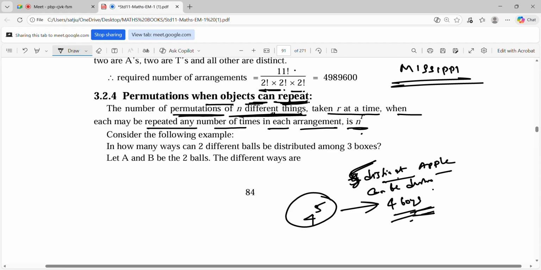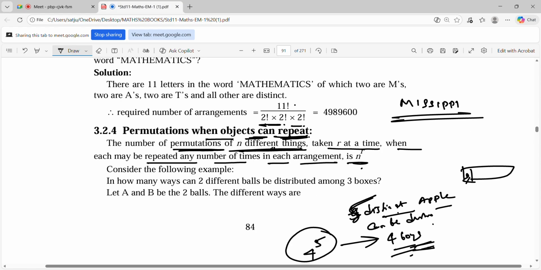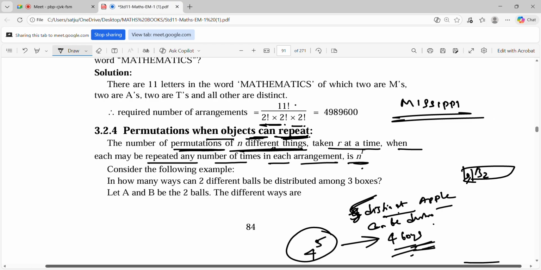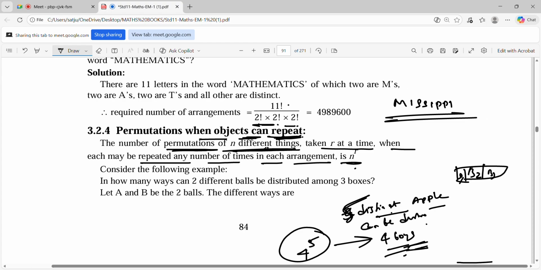Why? All the 5 distinct apples can go to the same boy, that is B1. All the 5 distinct apples go to B2. All to B3. All to B4. That is why here 4 power 5. According to this question, 4 power 5.